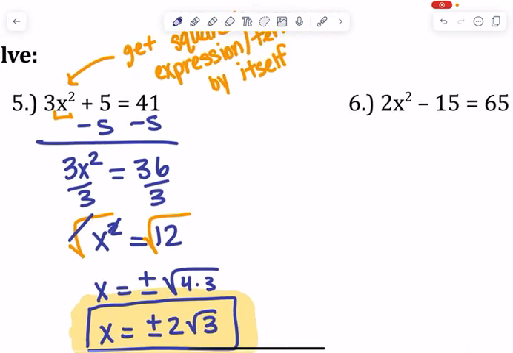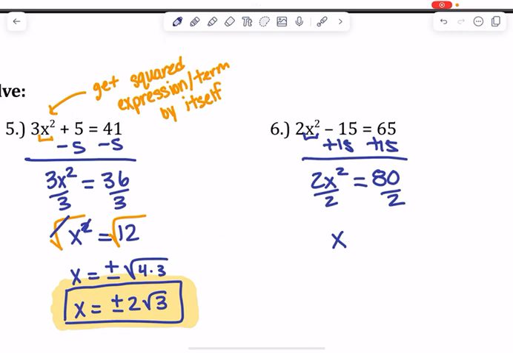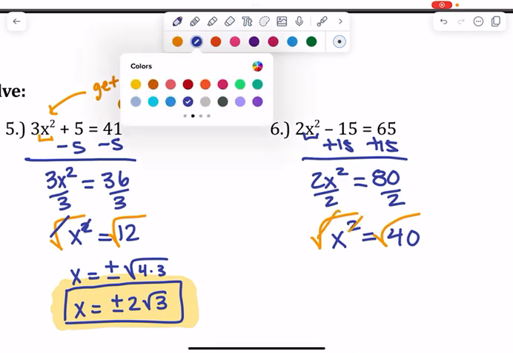So same thing with number 6. You will add 15, because we're trying to get this x squared by itself. Plus 15, 2x squared equals 80. 2 times x, so we'll divide by 2. All right, so we get x squared equals 40. So at this point, you are ready to take the square root of both sides to undo your squared power.